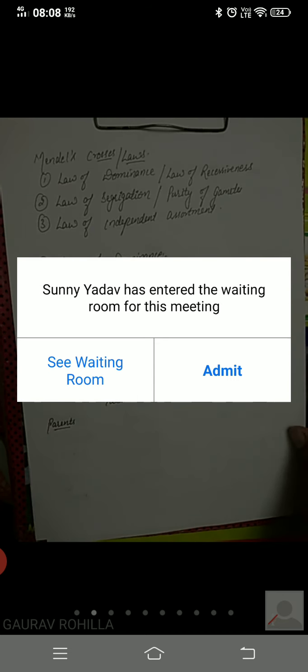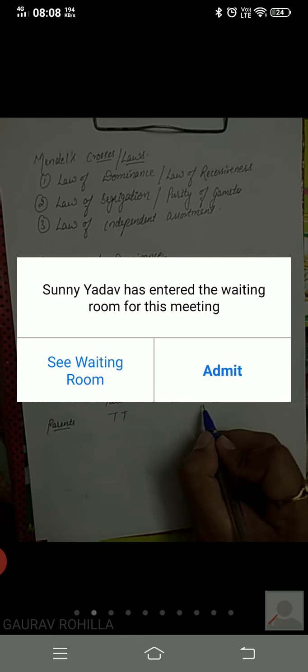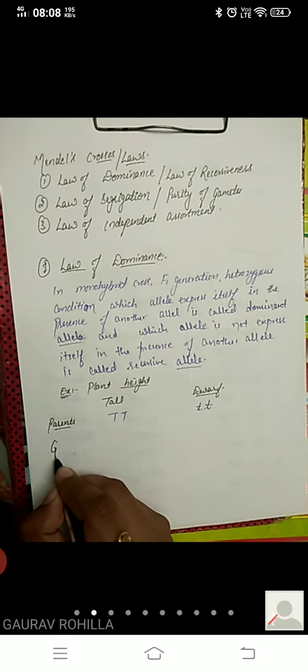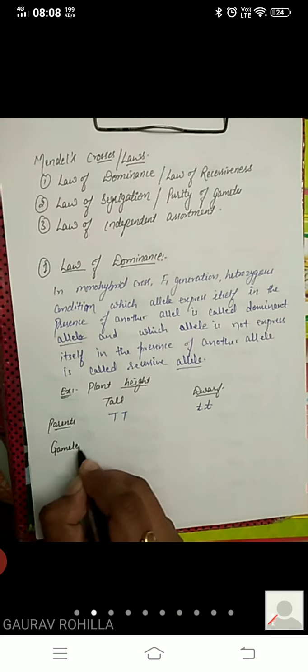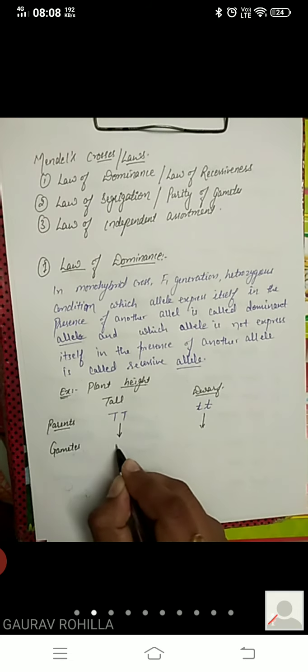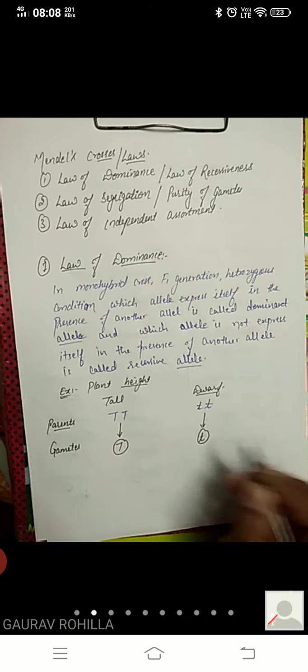Parents: capital T capital T, small t small t. Gametes, we mark gametes in a circle.